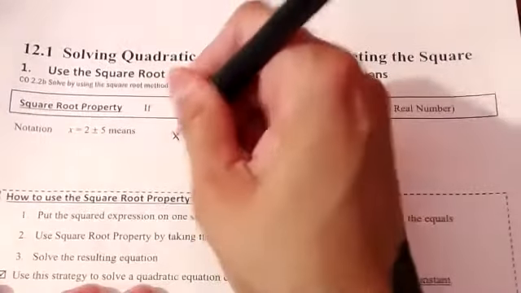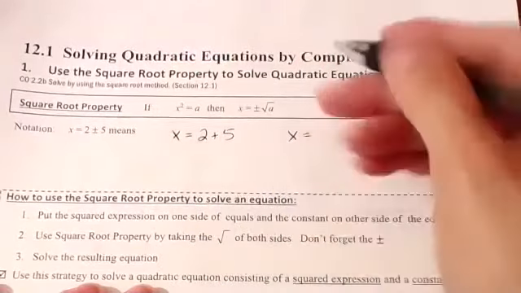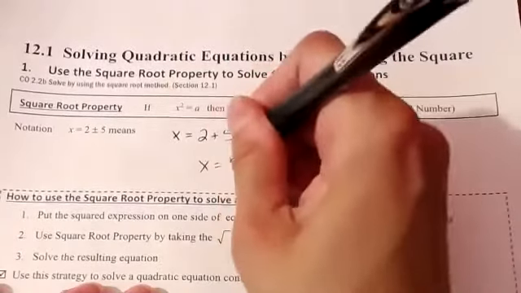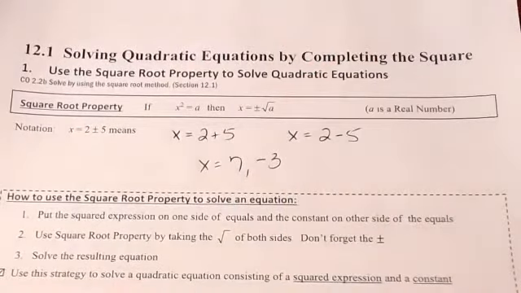So x equals 2 plus or minus 5 literally means you have 2 solutions. You have x is equal to 2 plus 5, and you have x is equal to 2 minus 5. So this is implying that x is equal to 7 and x is equal to -3. That it's literally represented by those 2 values. That's going to be really, really helpful to know.